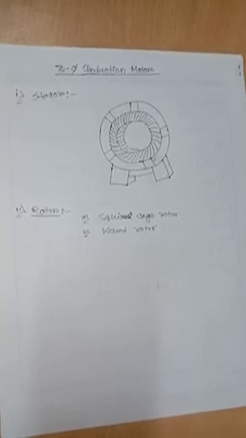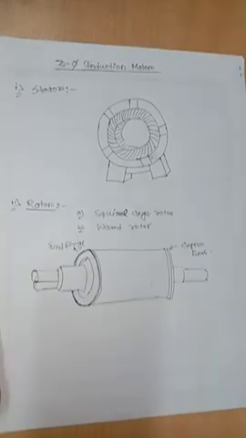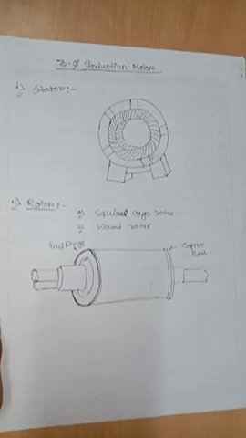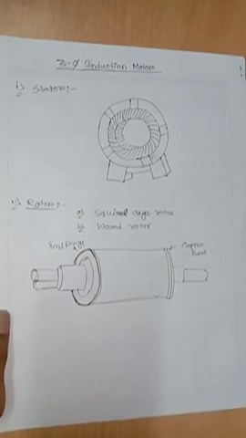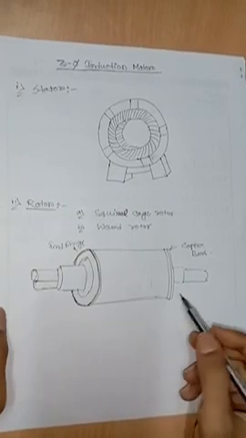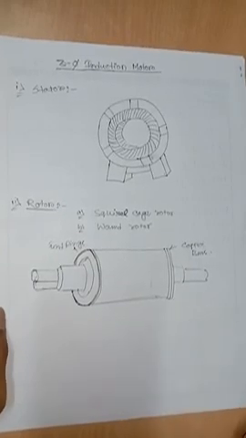We will draw the squirrel cage motor for better understanding. As we can see, this is the squirrel cage motor, and if the rotor core is removed and only the rotor bars and end rings remain, it looks like a cage of a squirrel, and hence the name squirrel cage induction motor.